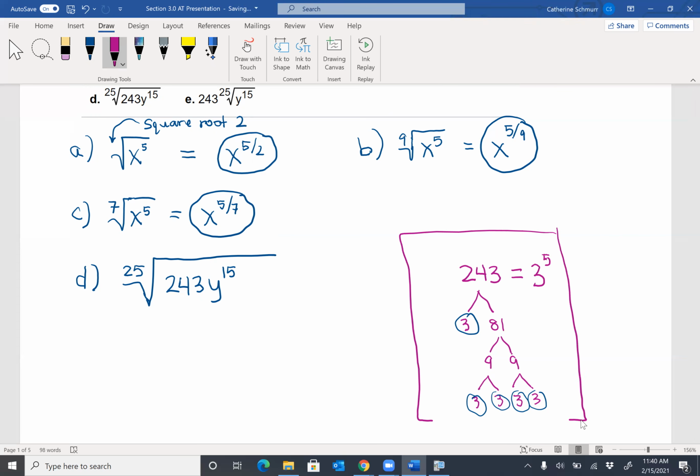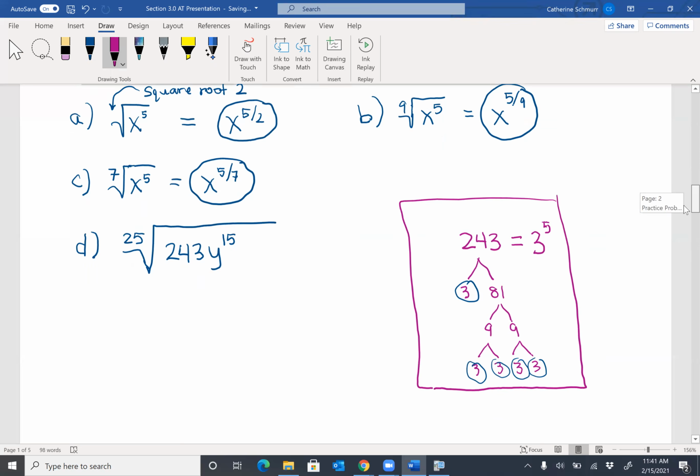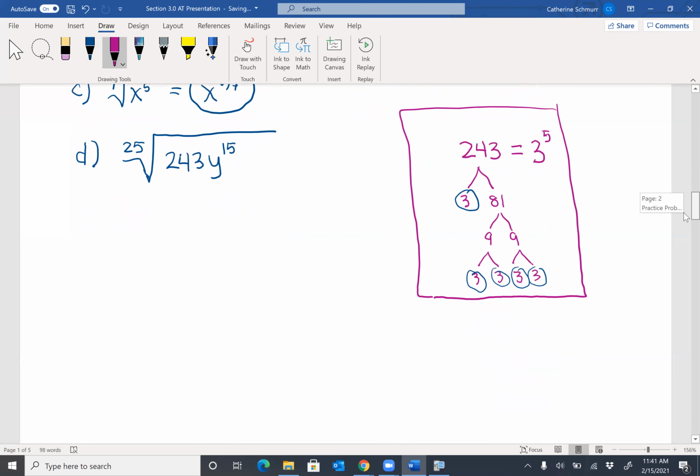You won't all have 243. You might have a different number in your version of the problem, but you want to break it down like that and use that to rewrite. So I'm going to rewrite this as the 25th root of 3 to the 5th times y to the 15th.